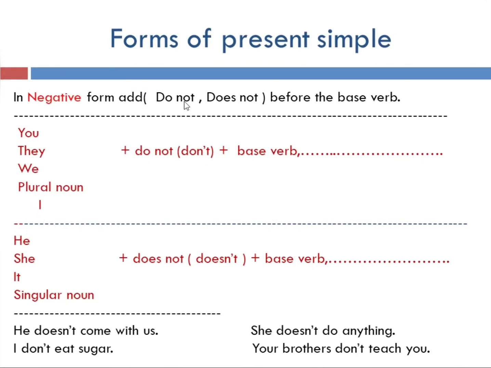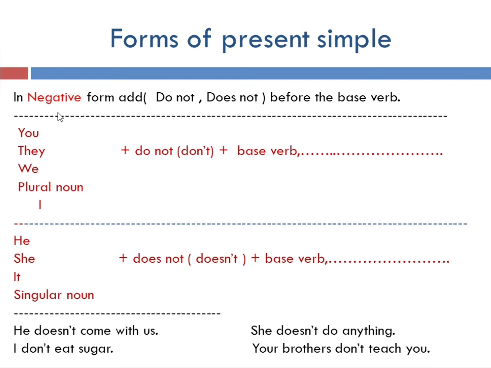So this was what you saw, it's about the affirmative, the positive form. In the negative form, something is different from the previous one. Unlike the present continuous, where we just add not after is, the things here changed.